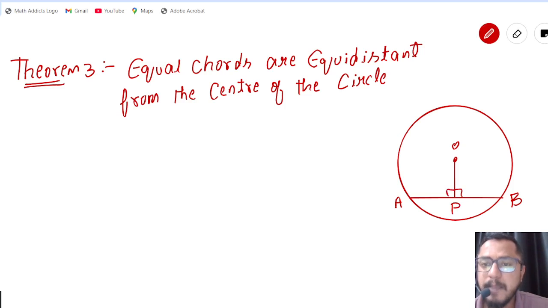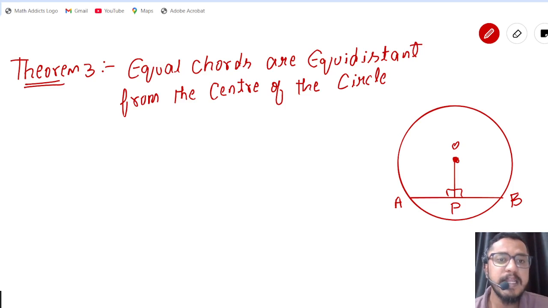It will always be perpendicular to the chord. You cannot draw simply a random line like this and call it the distance from the center to the chord, which is completely wrong. The distance from the center to the chord will always be a perpendicular distance.